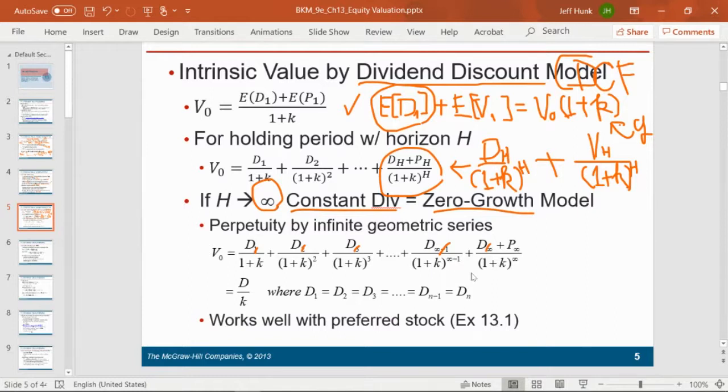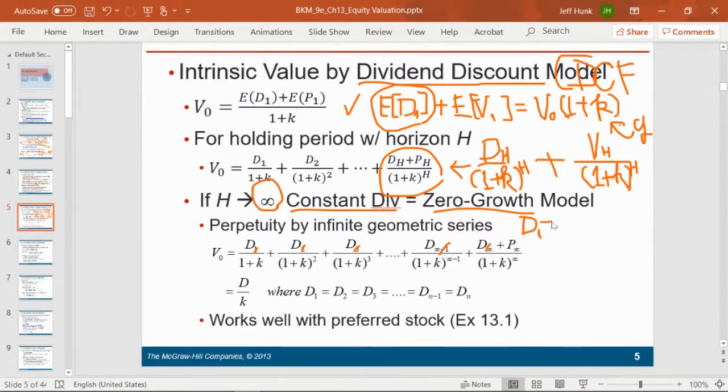Of course, you can still put the time subscript, but no matter what, dividend n, they are all the same.